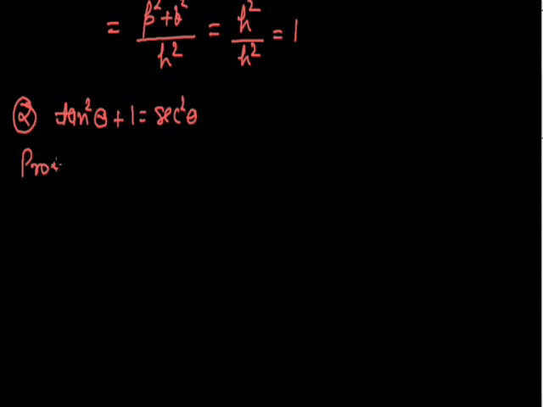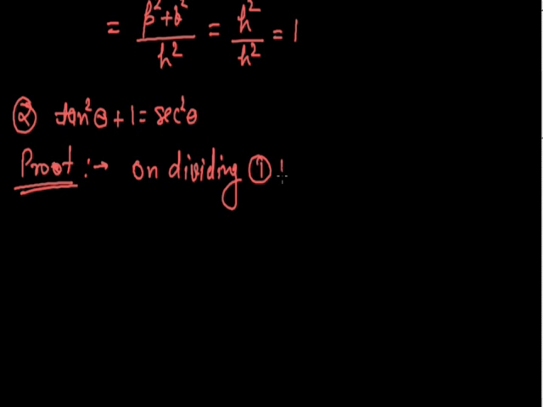To prove this identity, the first method may be given similarly as we have proved the first identity, and the second method may be given by dividing the first identity by cos²θ.